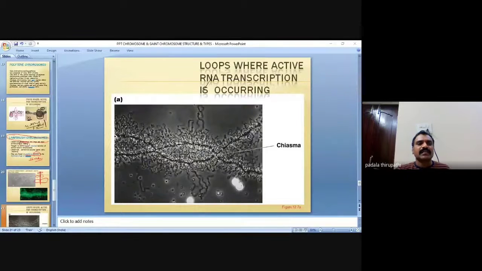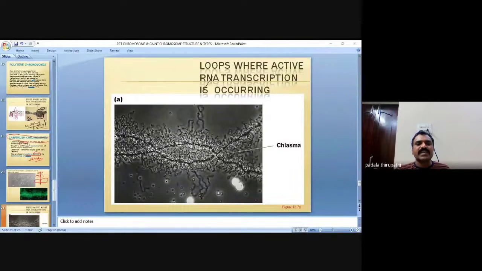This process depends upon the transcriptase enzyme, which is useful for the process of transcription, or mRNA formation, or synthesis of mRNA.